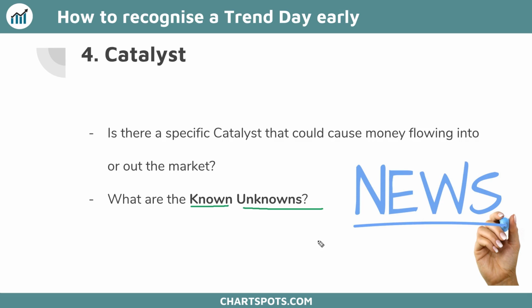Those are all things that are known unknowns. You know when they come, but you don't know the outcome. So those are important things to take note of, as they can impact what traders and institutions do concerning their positions.